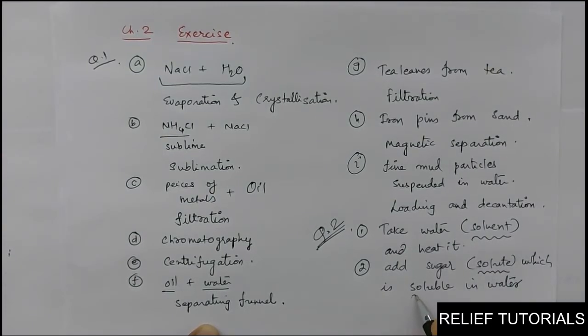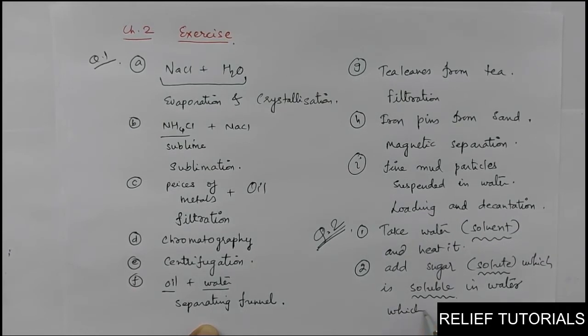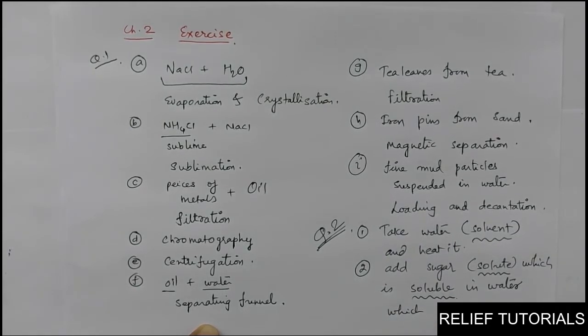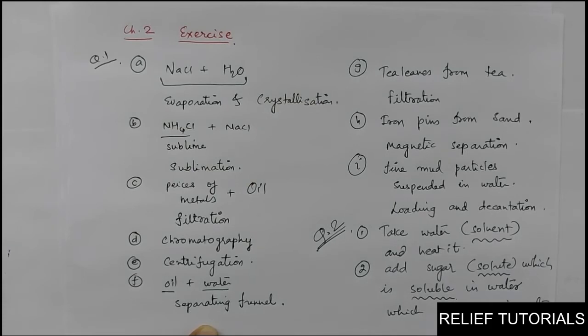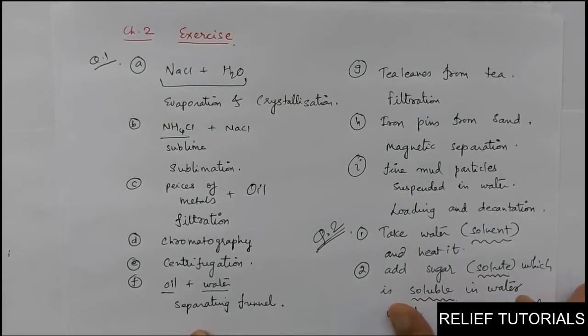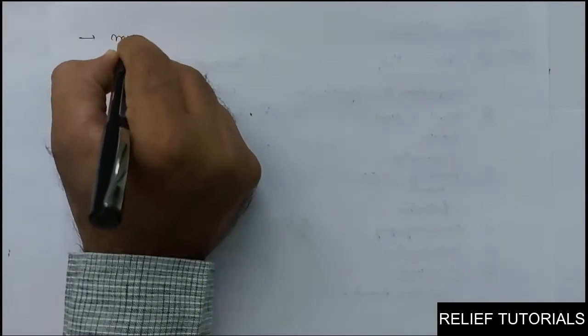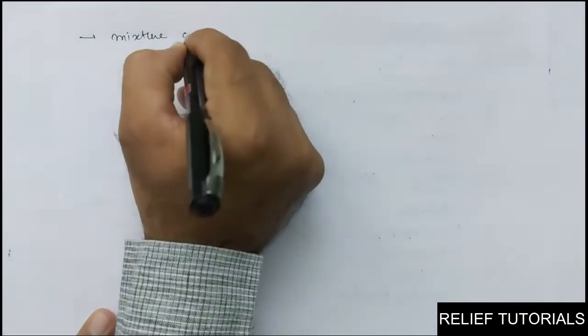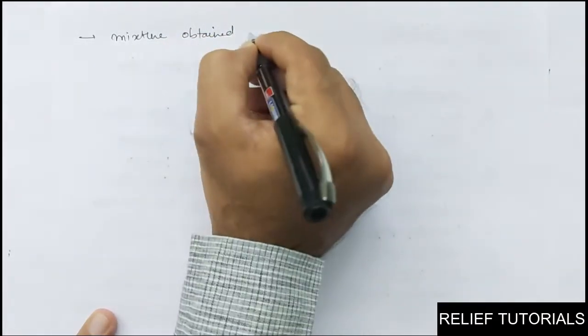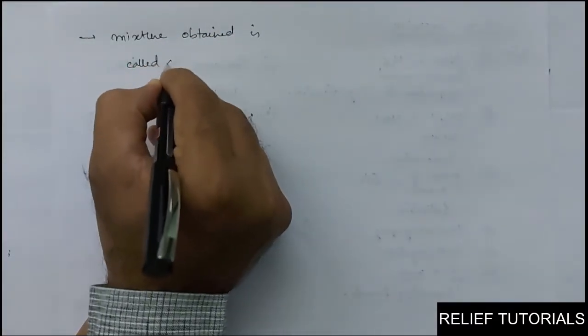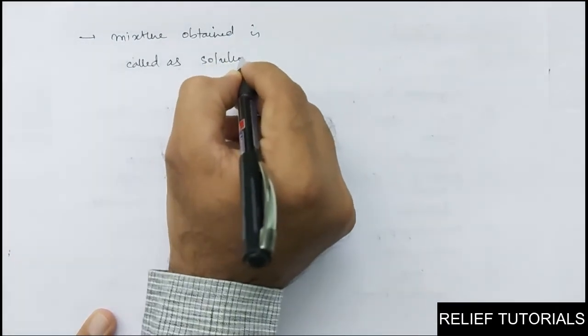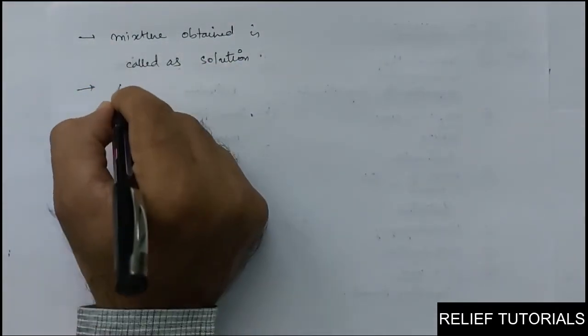Sugar is a solute which is soluble in water, which dissolves in water. Then what do we do? The mixture which is obtained is called a solution.